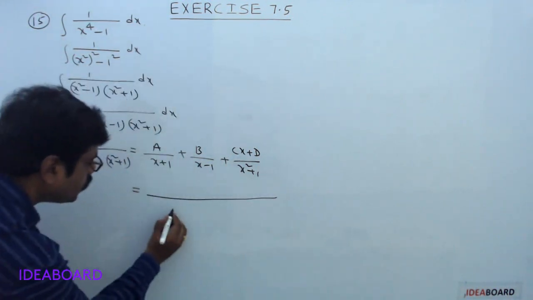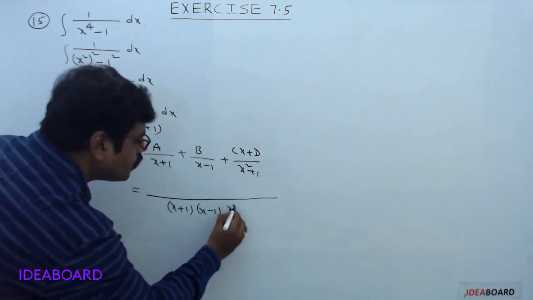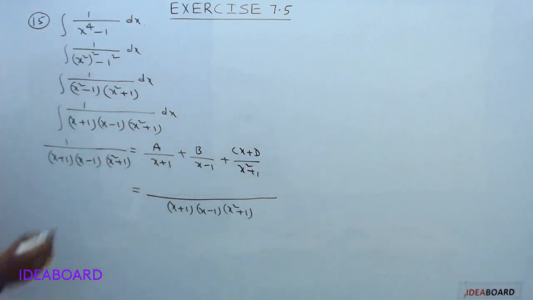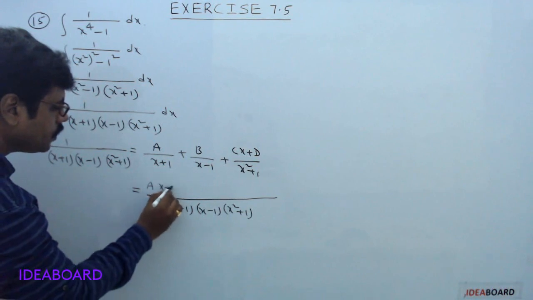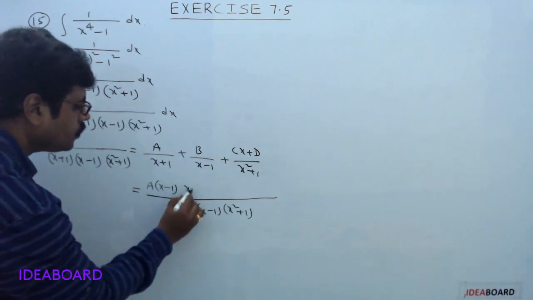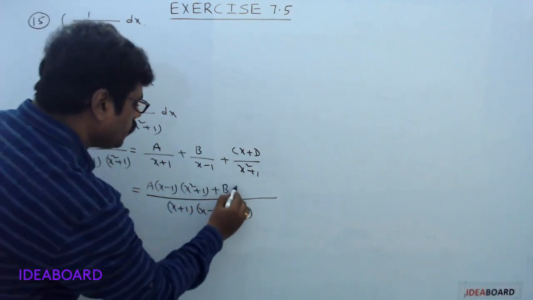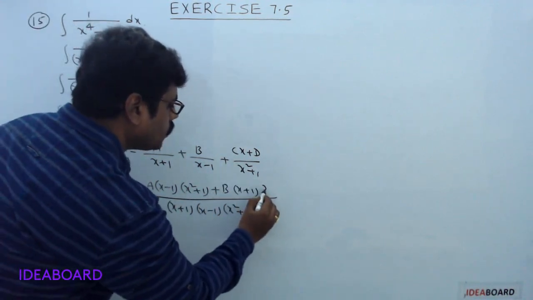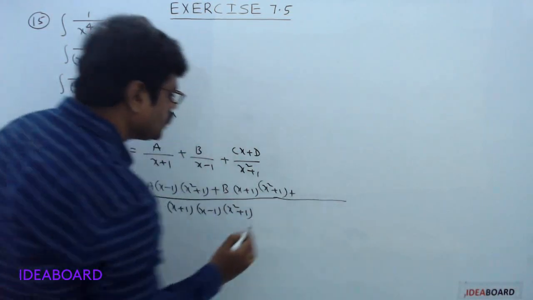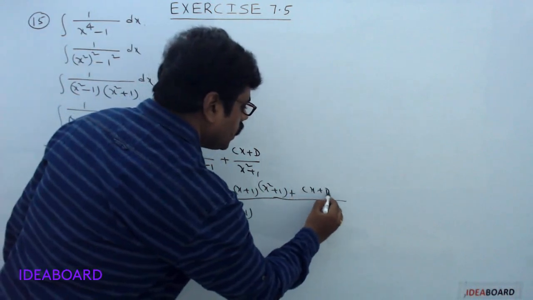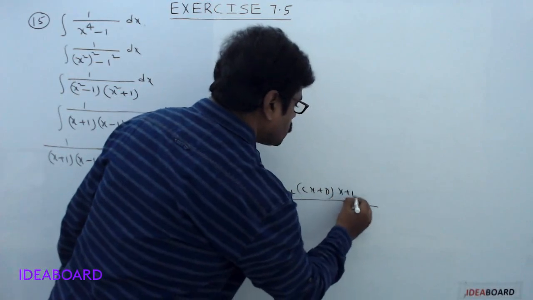Now take the LCM. What is the LCM? x plus 1 into x minus 1 into x square plus 1. Write down the corresponding numerator. This is a into x minus 1 into x square plus 1, plus b into x plus 1 into x square plus 1, plus cx plus d into x plus 1 into x minus 1.